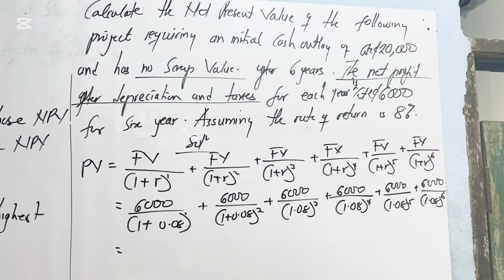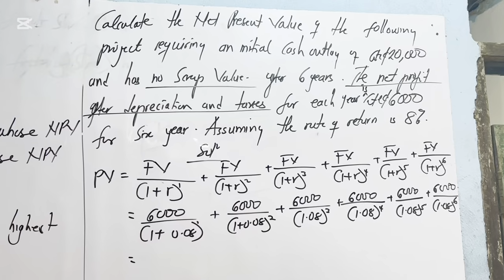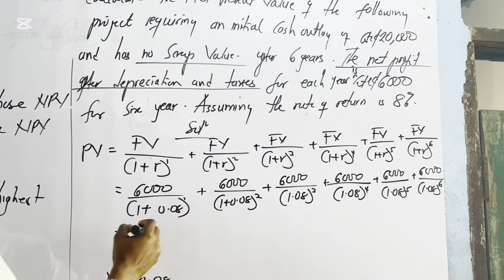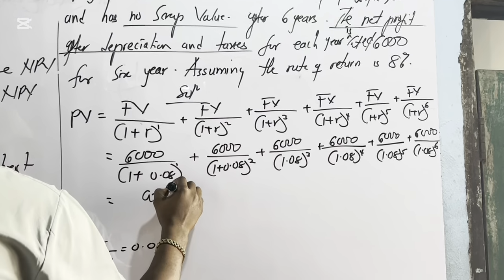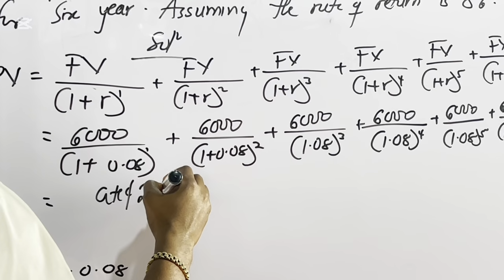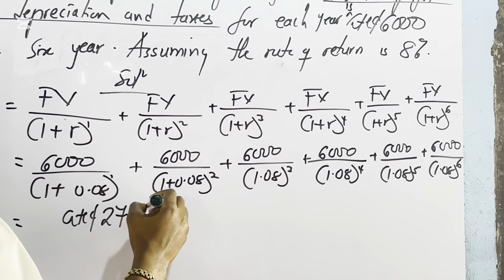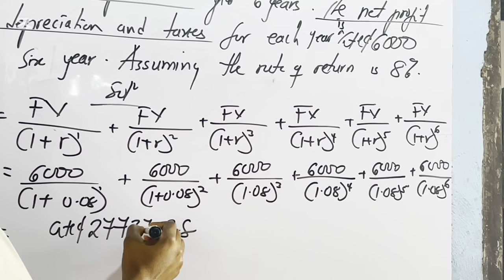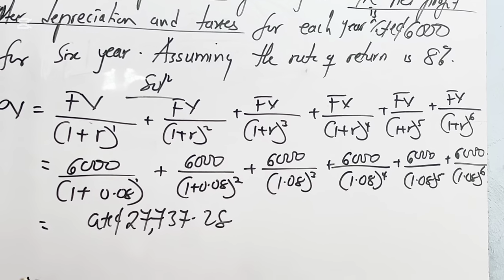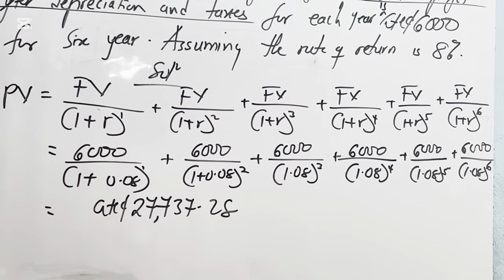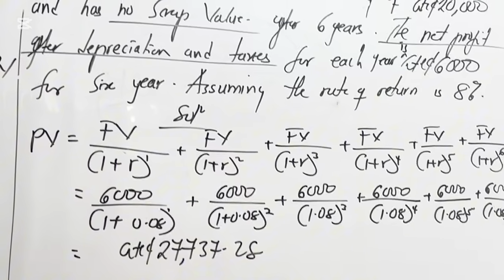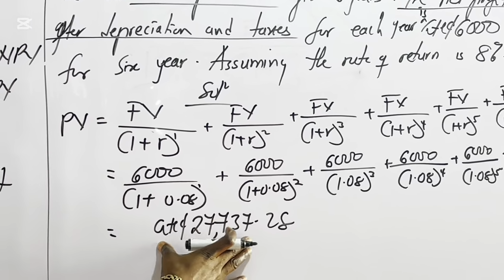If you want to do it separately too, that's fine. So after this, I have 27,737.28. Now this is the present value.